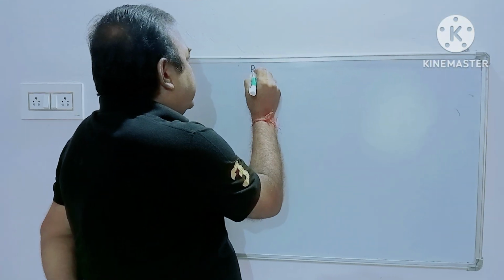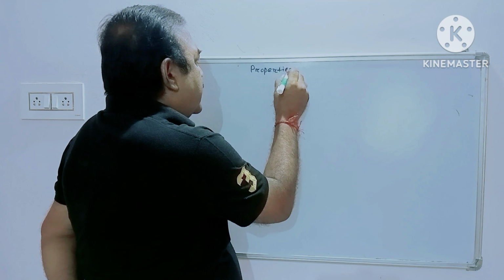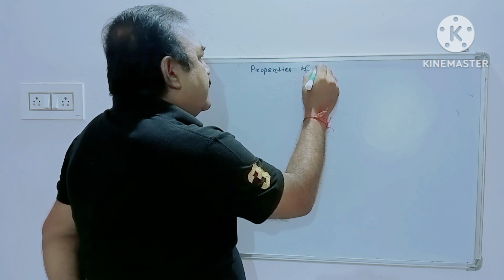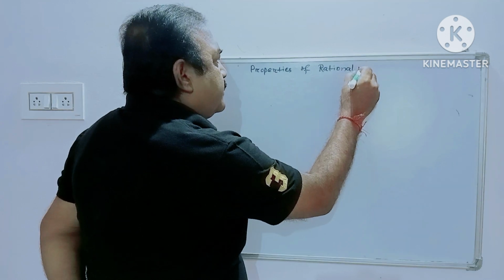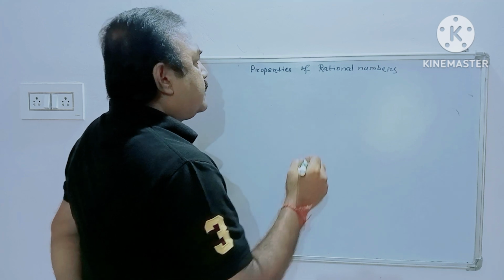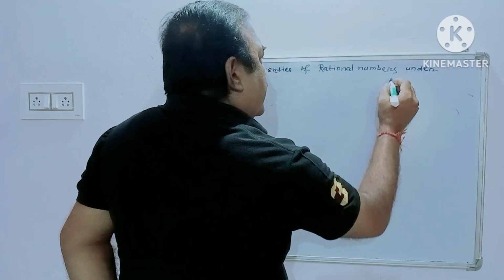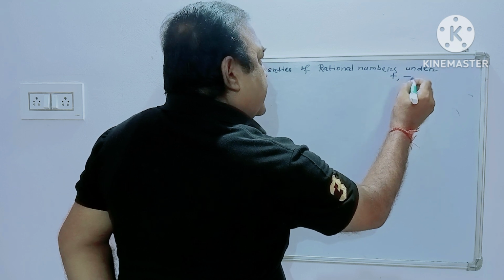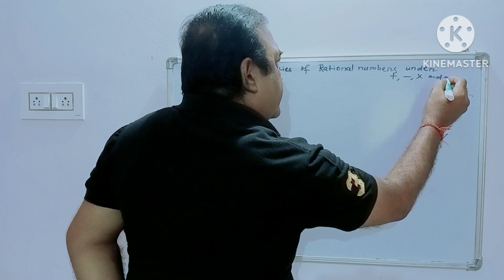The properties of rational numbers under addition, subtraction, multiplication and division.